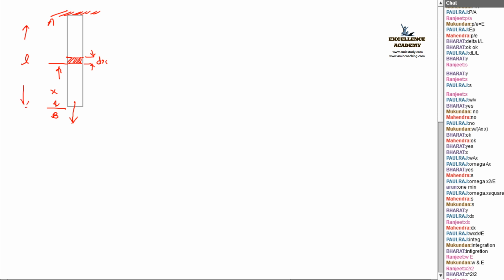Okay. Now, first of all, I want to find out the weight up to that small section at a distance x from B. Please help me to find out.